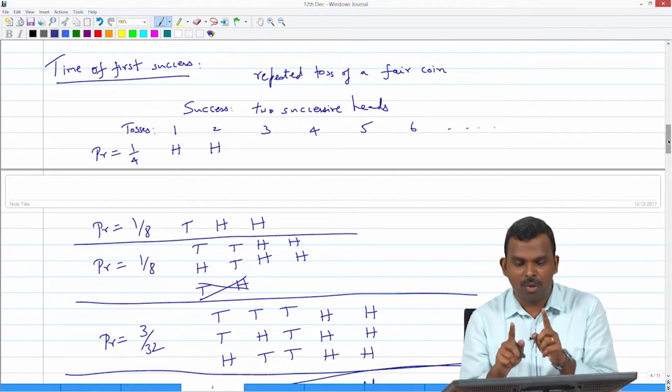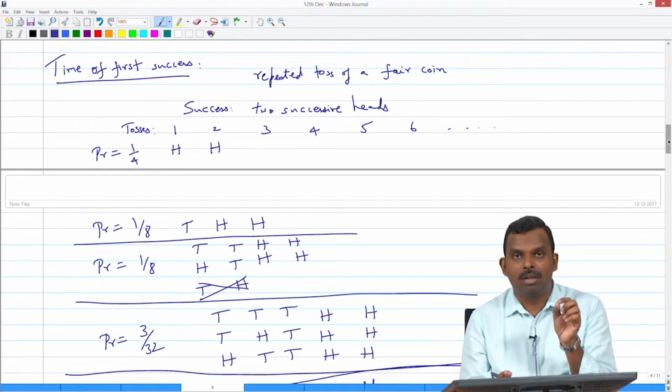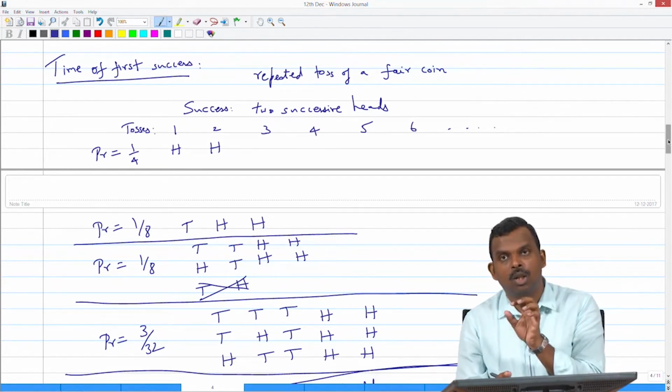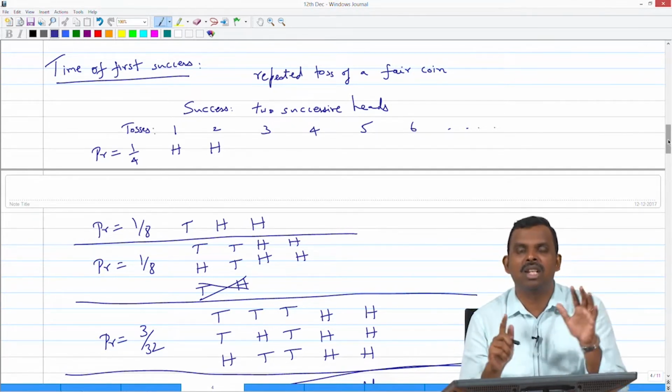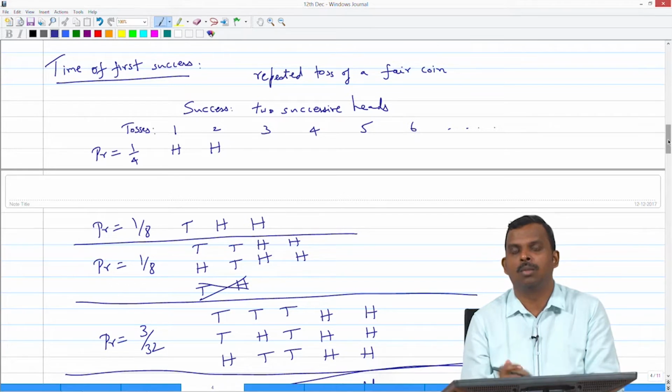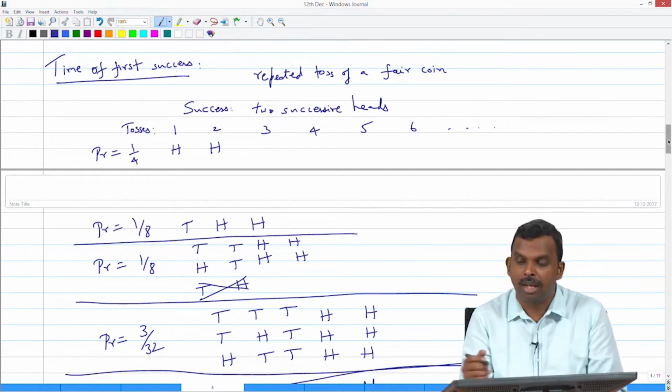Once you have successive events, the event that you succeed at the second toss and the event that you succeed in the third toss end up being related, and you have to count the successive heads very carefully, and the computation becomes a bit more difficult. It is not impossible to calculate this exact probability, but it is much more challenging. The geometric model does not apply in this case.